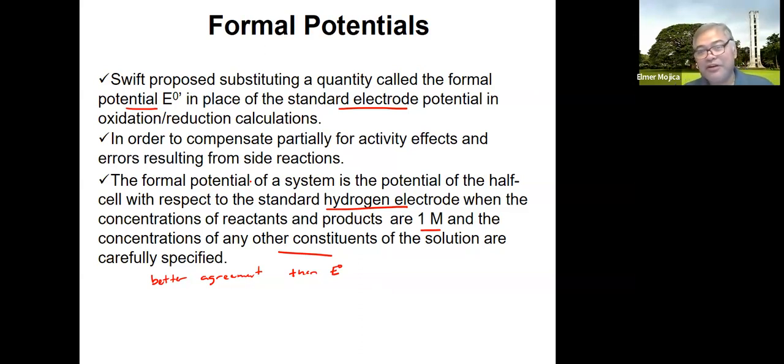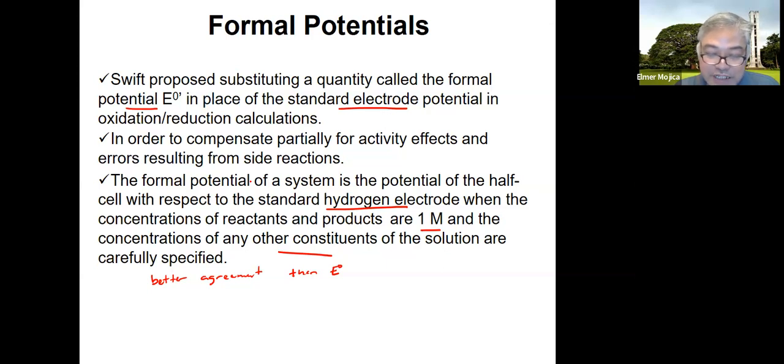Although initially they found out that this is much better when they look at the formal reduction of the Fe3 plus, just the example that we had earlier, 0.73 and 0.70 in those acids. So when they use this value in place of the standard potential in the Nernst equation, it yields a better agreement between the calculated and experimental data or potential that they got.